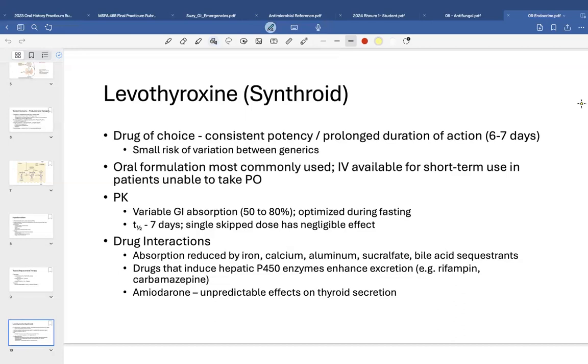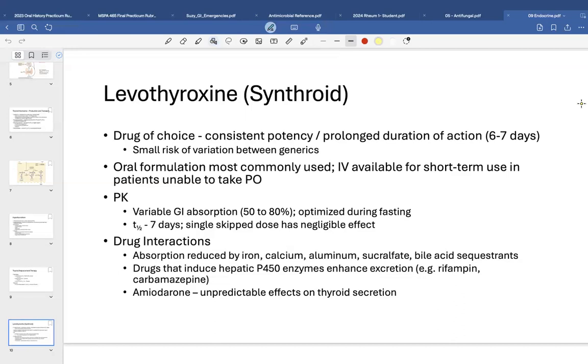Typically speaking, we're using oral. You might have a situation where someone is hospitalized, either for an acute crisis of hypothyroidism, or they're unable to take PO for a prolonged period of time. So there is an IV formulation you can use in the short term. But generally speaking, give it orally every day. Its absorption is best when they take it on an empty stomach.